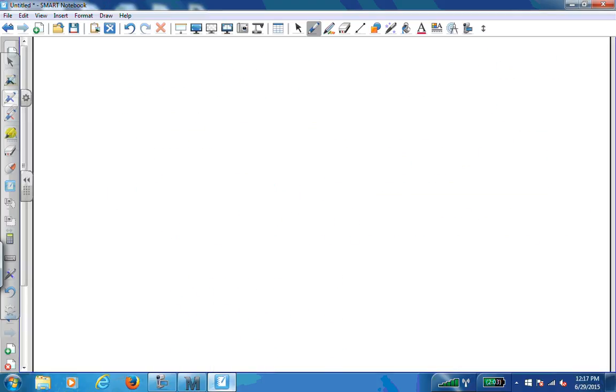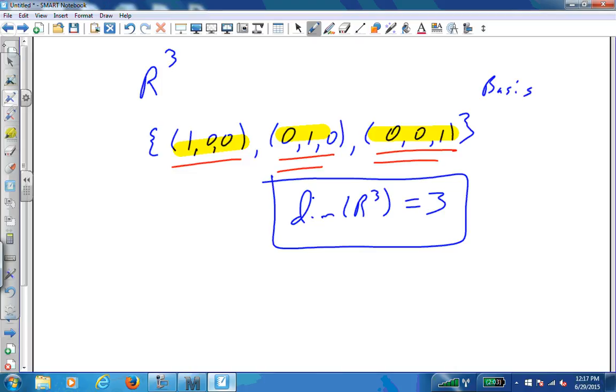And we know that for any particular space, if we already know the dimension of it, then if a set has more or less than that particular number, it can't possibly form a basis. Because either the set will be dependent or it won't have enough to span our vector space.